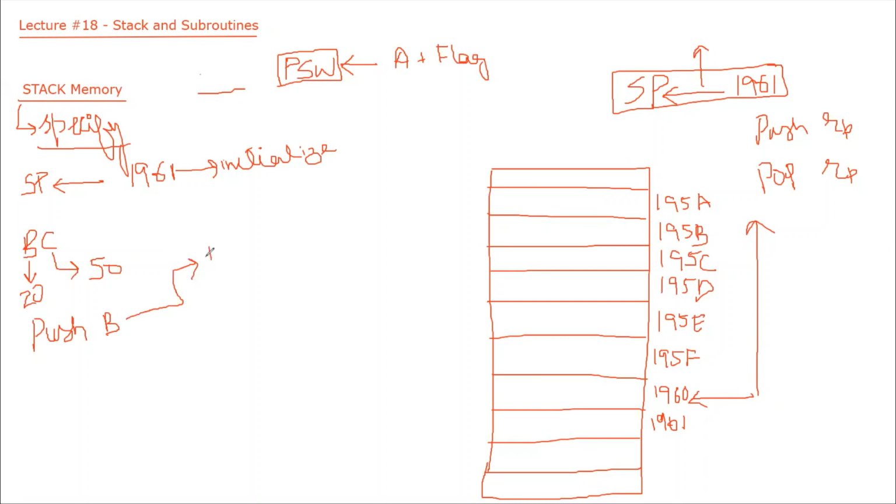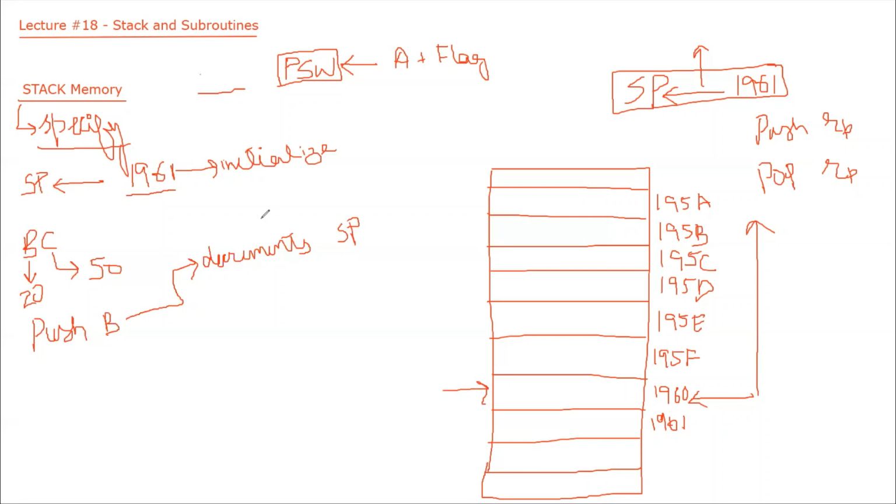It decrements stack pointer. Okay, let's say initially stack pointer is 1961. So it will decrement stack pointer. What will be the stack pointer now? Stack pointer will be here, 1960.